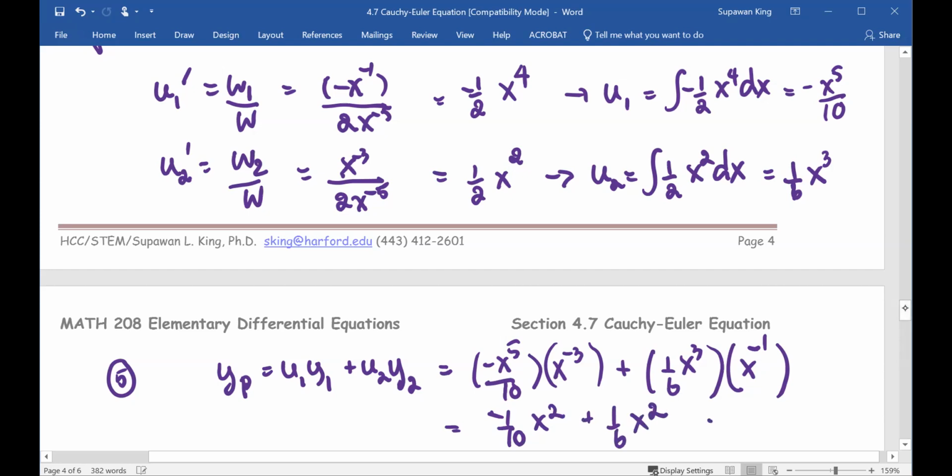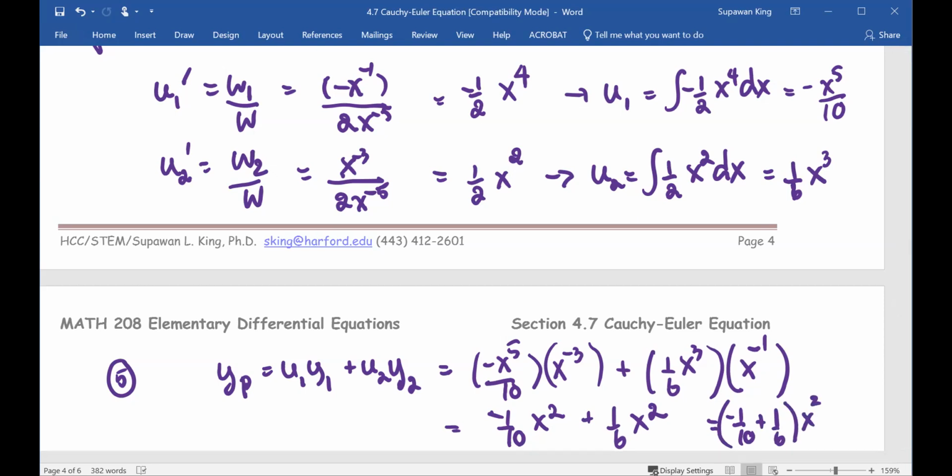How nice. What you have to do next is combine the coefficient negative 1 over 10 plus 1 over 6 with the common factor x squared. And then we should get negative 6 plus 10 over the common denominator, which is 4 over 60.